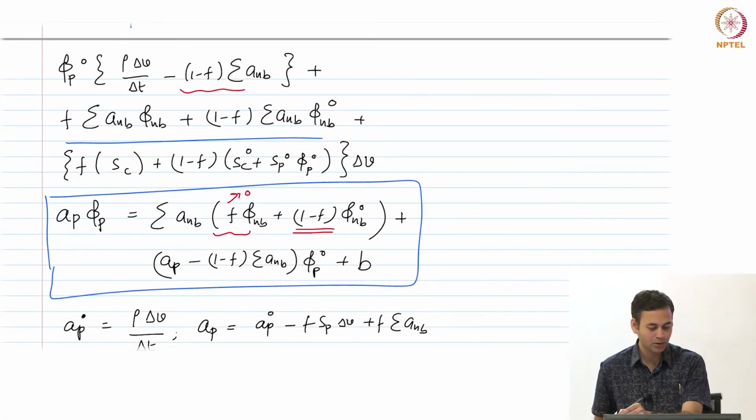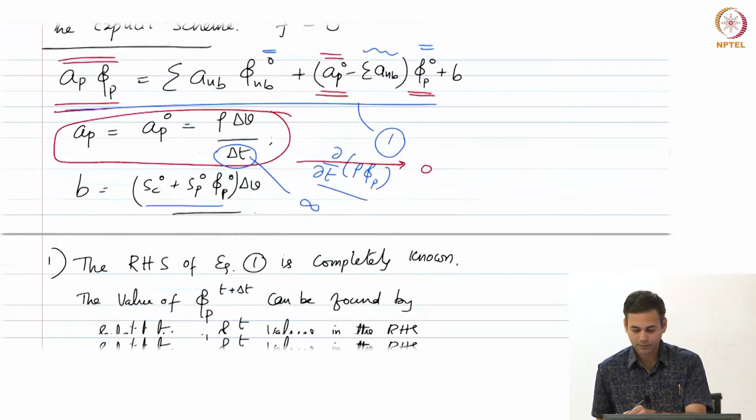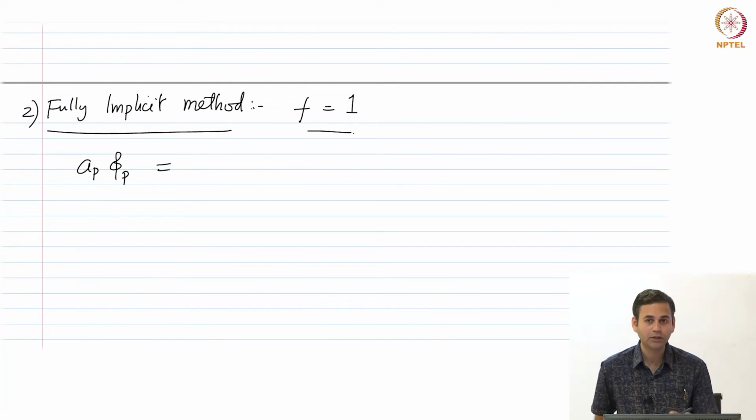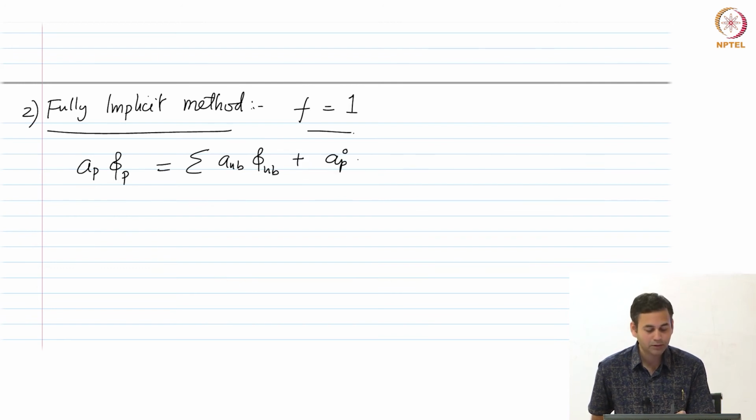f equals 1, so the second term drops out on the right hand side, the first term will remain. What would be on the right hand side: sigma a and b phi nb plus AP naught times phi p naught, that is all, because the second term has f times something, so that is 0. So AP naught phi p naught plus b, and what would be b?